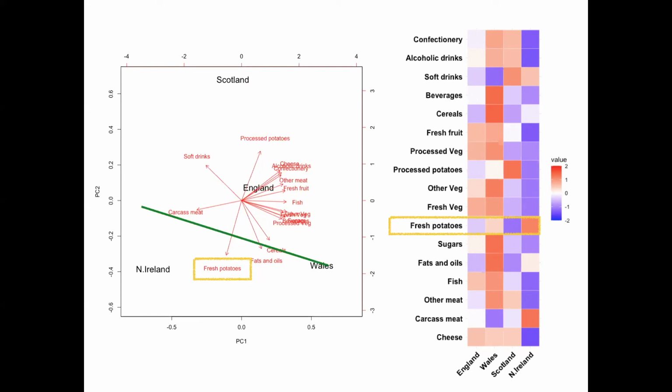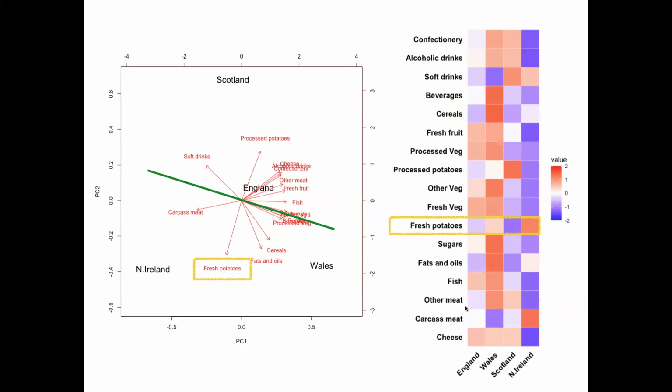So Wales, I kind of hit Wales first as I move along that fresh potatoes axis, and then Northern Ireland is really far along that fresh potatoes axis. And that's the same conclusion I would draw if I were to look at this data. The smallest is Scotland, then England, then Wales, then Northern Ireland. And that is how you would encounter those observations as you move that green line in both directions.